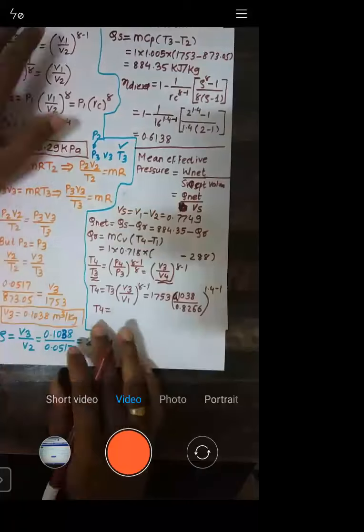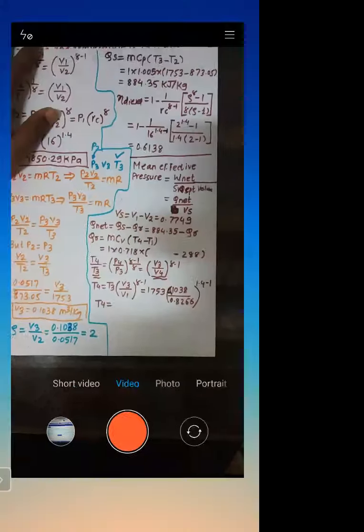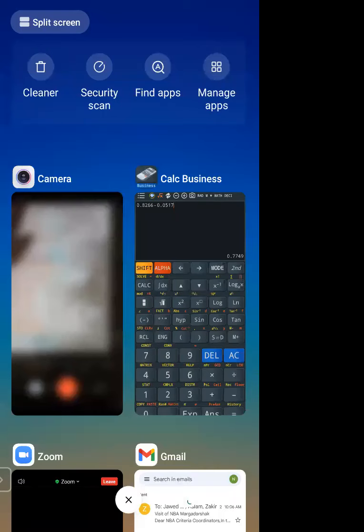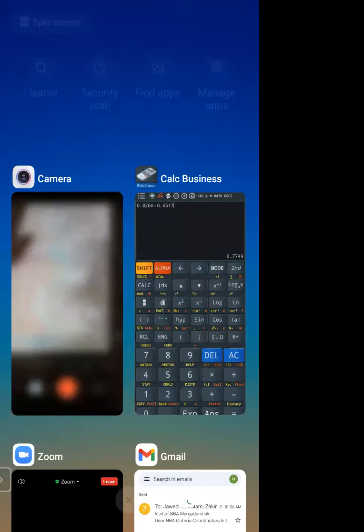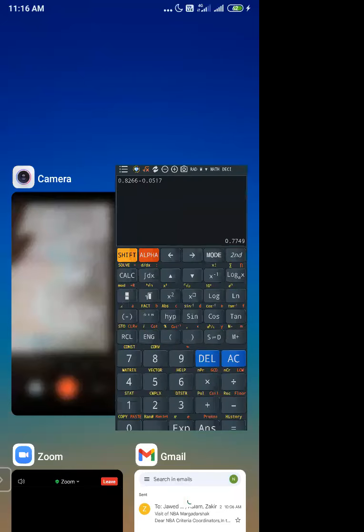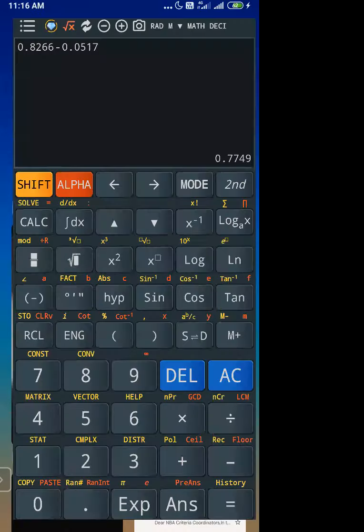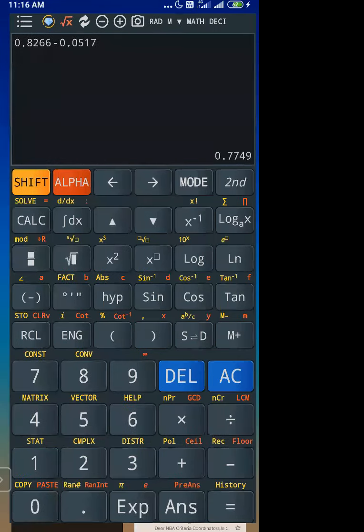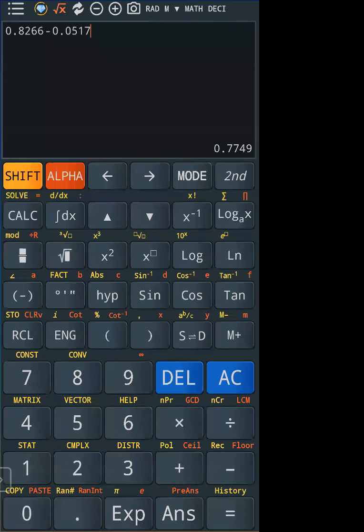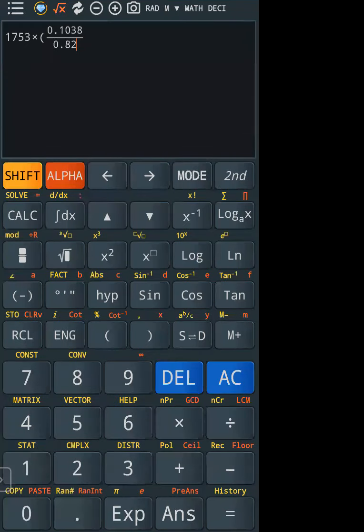Let us get the value of T4. 1753 into, inside this, 0.1038 raised to power 1.4 minus 1.